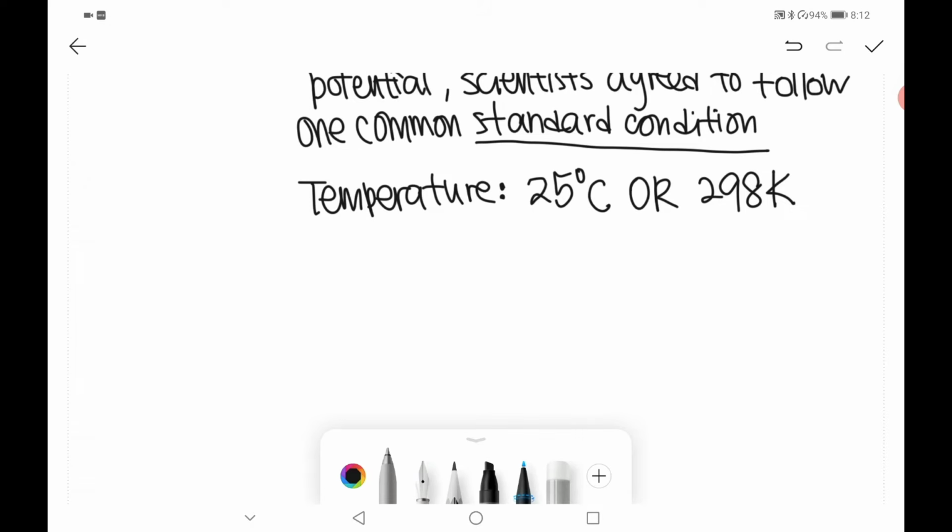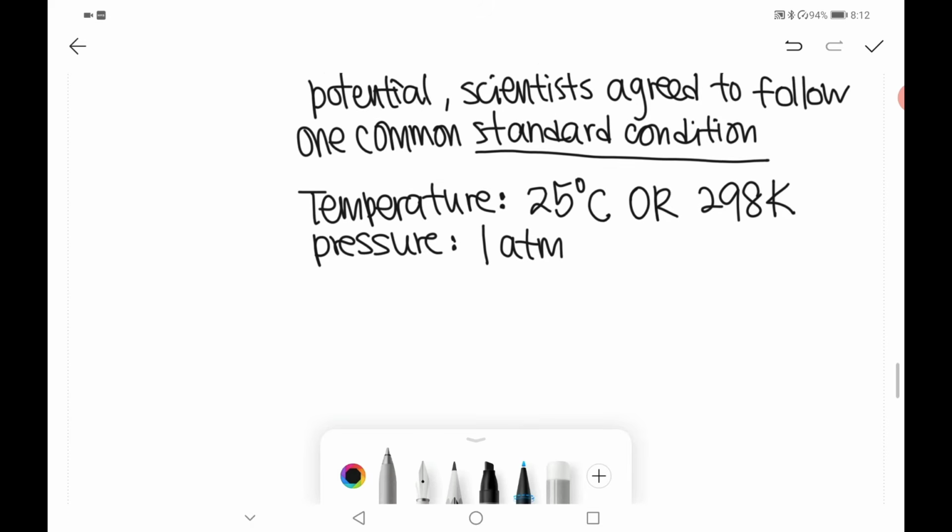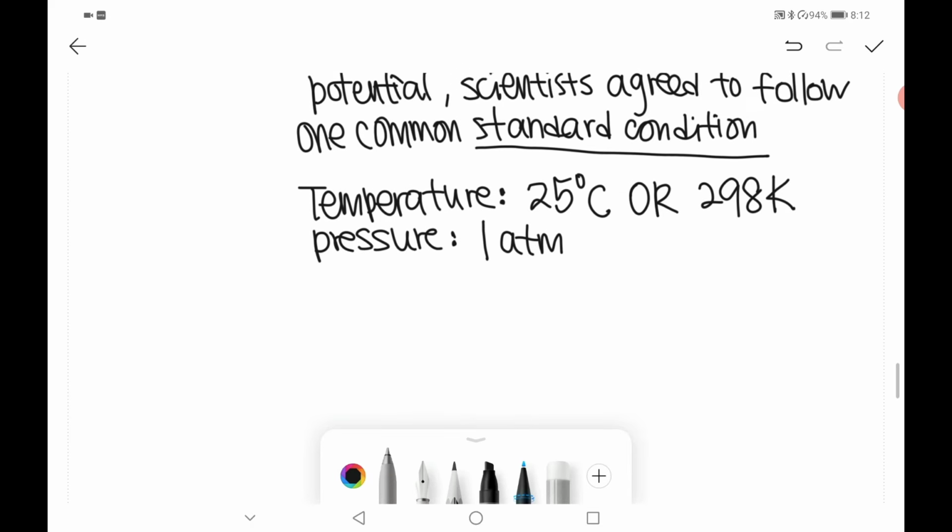The next thing is the pressure. We use 1 atm, 1 atmospheric pressure. 1 atmospheric pressure is the normal pressure, like now in our room. Atm means atmospheric pressure.